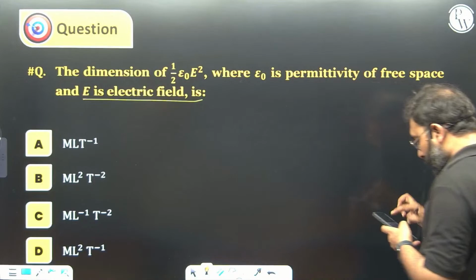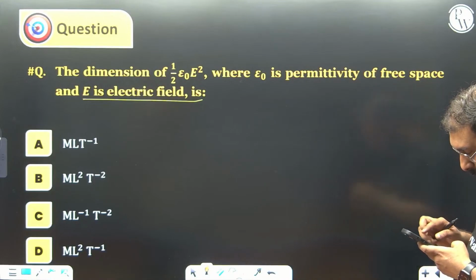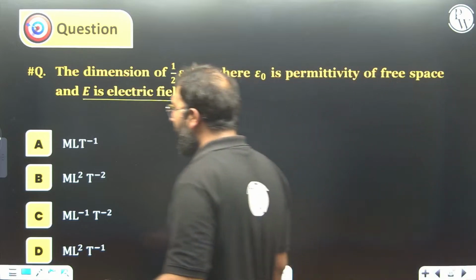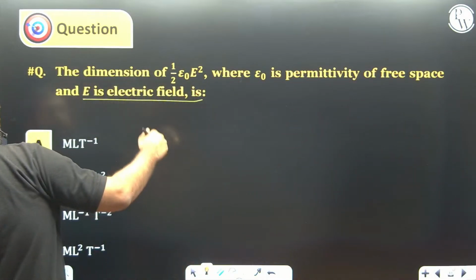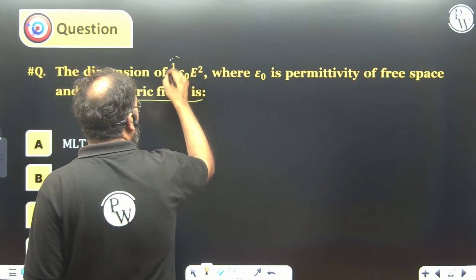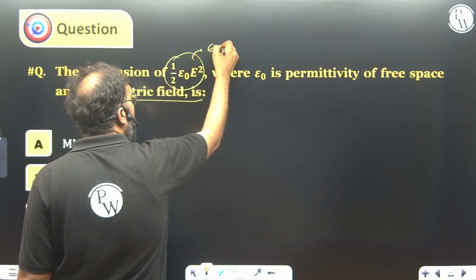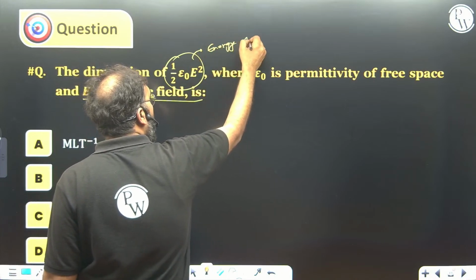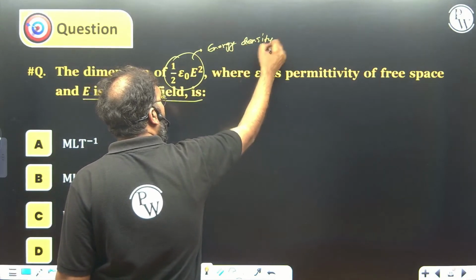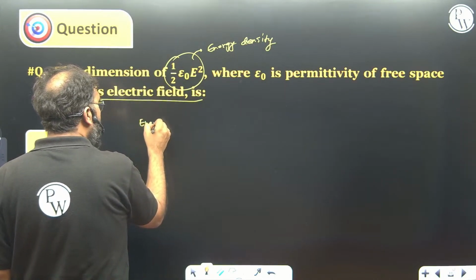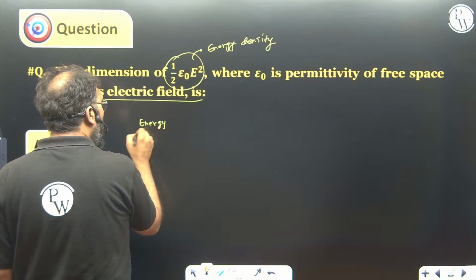Okay, have you tried this question? Now it's my turn. I'll solve this one. So half epsilon naught E square is energy density, and energy density can be written as energy per unit volume.